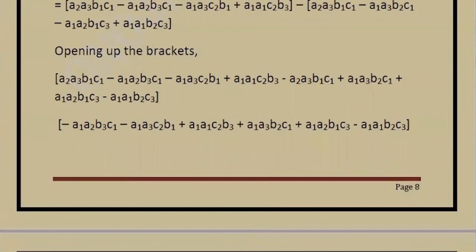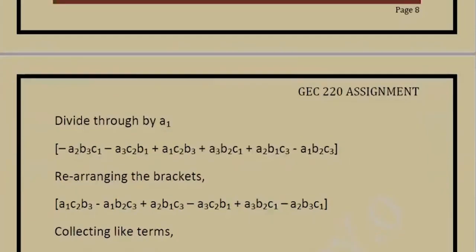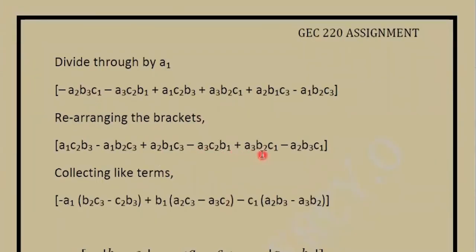We divide through by A1 because it's recurring everywhere, leaving us with this. And from here, we rearrange the bracket according to like terms. Seeing that there are a lot of like terms, we arrange them according to the like terms, leaving us with this.